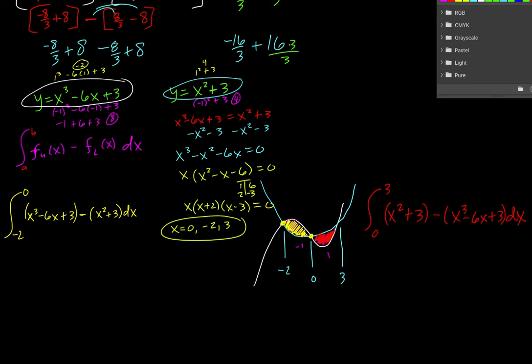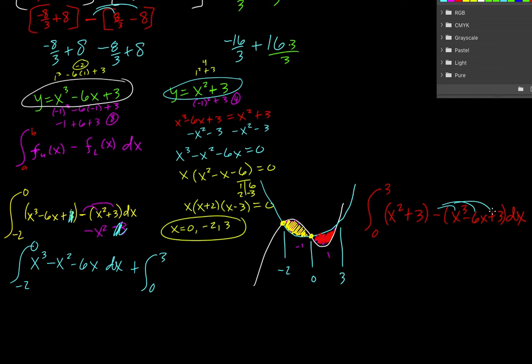Now we just need to combine these, so I'm going to distribute the negative, so it's negative x squared minus 3, and when I combine it with all these pieces, this 3 and this -3 cancel, and then I have x cubed minus x squared minus 6x dx from -2 to 0. And then when I do this one, I'm going to add it over here, 0 to 3.